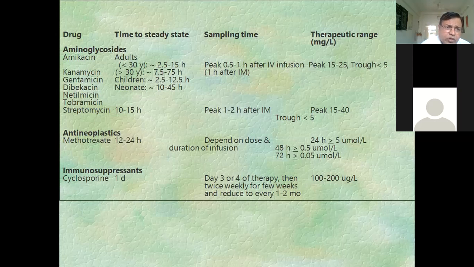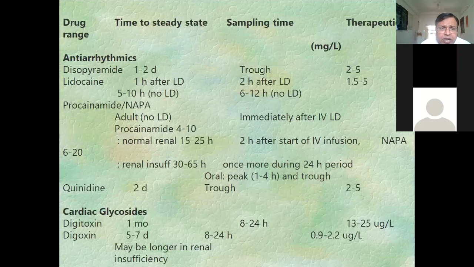Aminoglycosides: a number of aminoglycoside class antibiotics, amikacin, kanamycin, gentamicin, dibekacin, netilmicin, tobramycin, streptomycin, like that. Anti-neoplastic drug, I told you methotrexate, which belongs to the class antimetabolites; immunosuppressant agents; anti-arrhythmic.